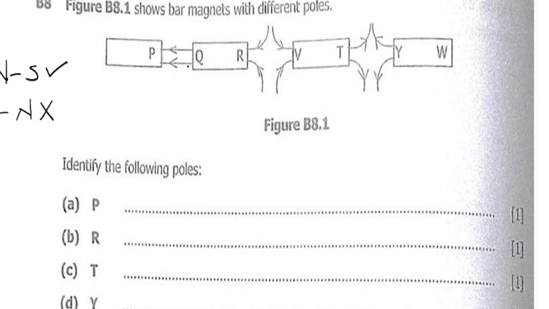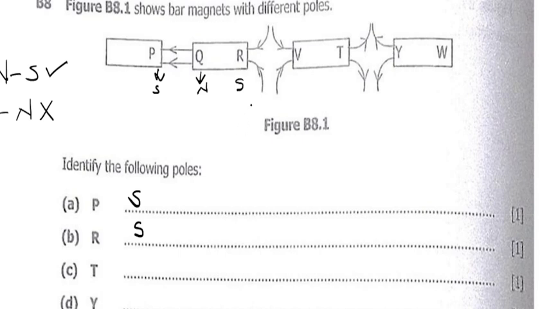So meaning, look at the arrows, they are moving from Q to P. So meaning Q here is north, P is south. So I know that P is the South Pole. Then if Q is north, an opposite pole will come here, which is south. So I know that R is also south.